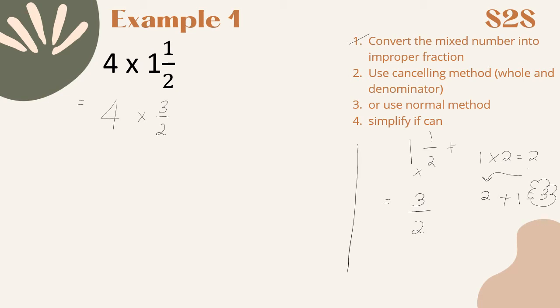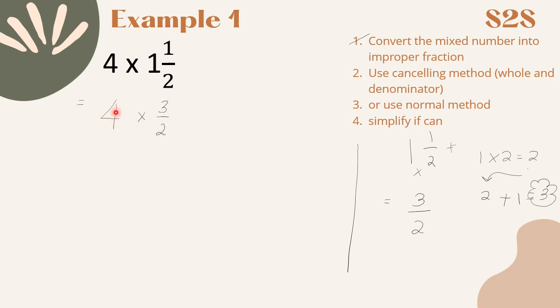For step 2 and step 3, you are free to use the cancelling method or the normal method, whichever you feel confident using. I'm going to show you two ways here. The first one is the cancelling method, where you deal with the denominator and the whole number only.